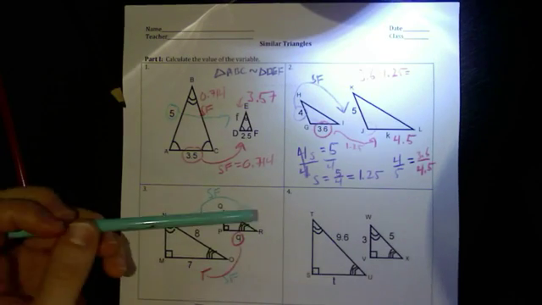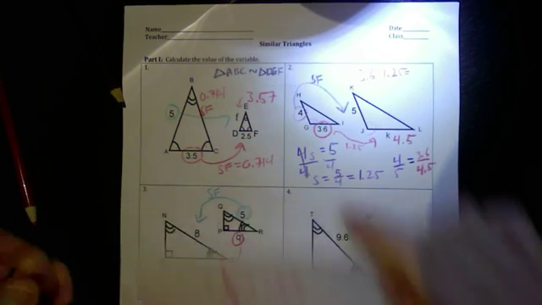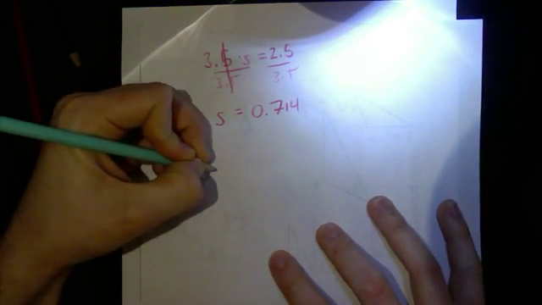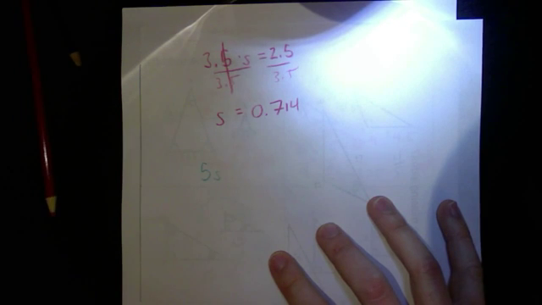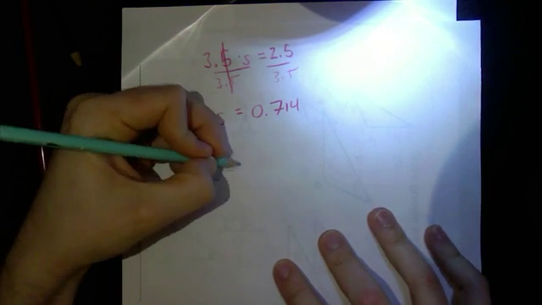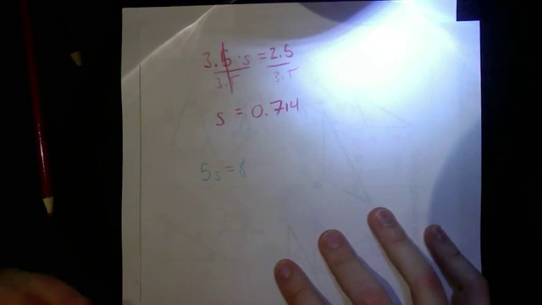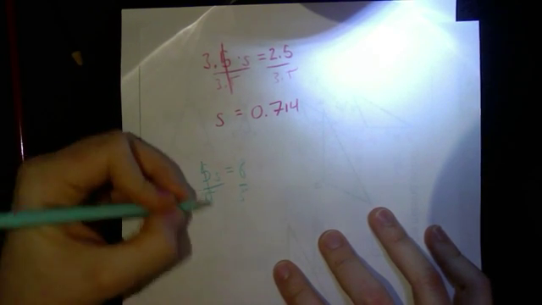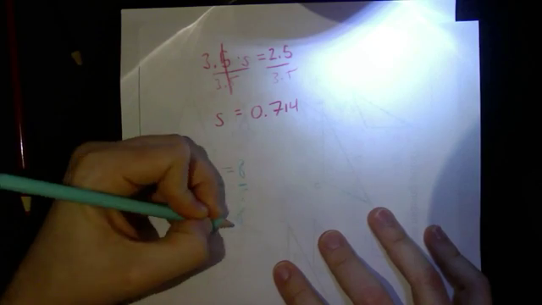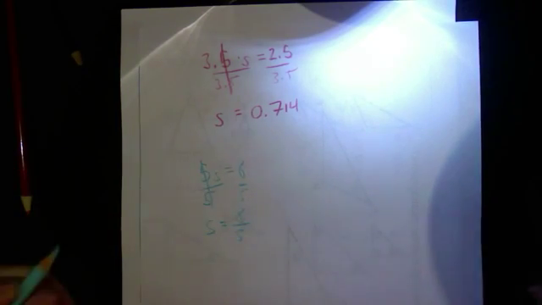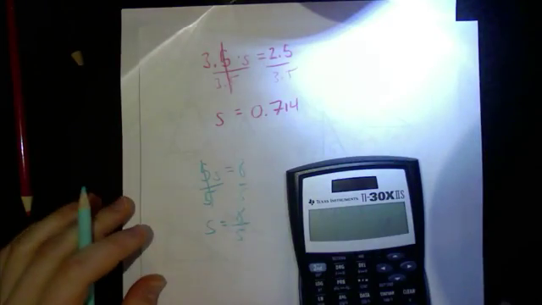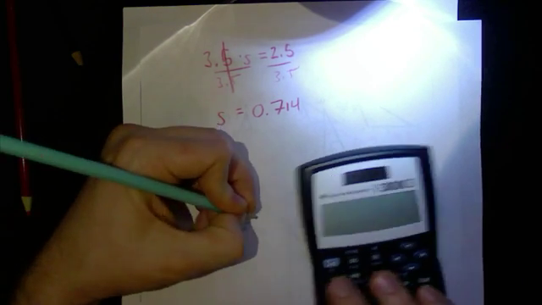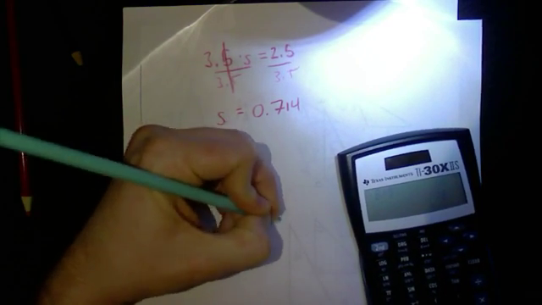I had 5 times some scale factor gets me to 8. Simple algebra, divide both sides by 5. I'm left with S equal to 8/5, or if I want to rewrite it, 8 divided by 5 is equal to 1.6.